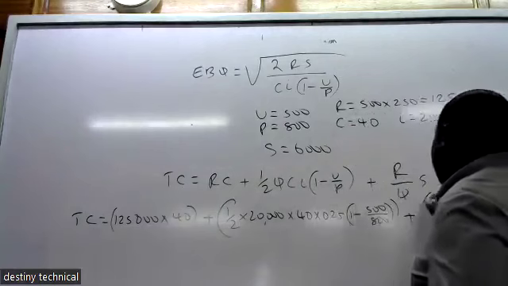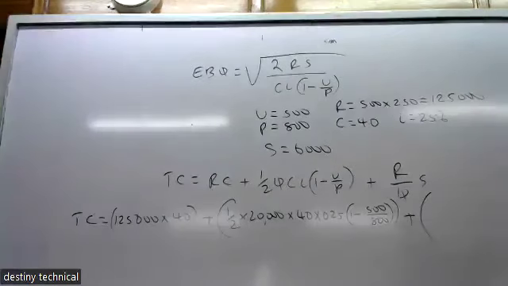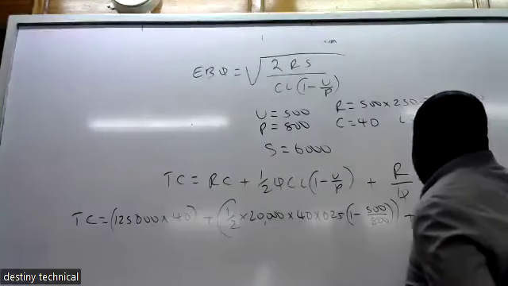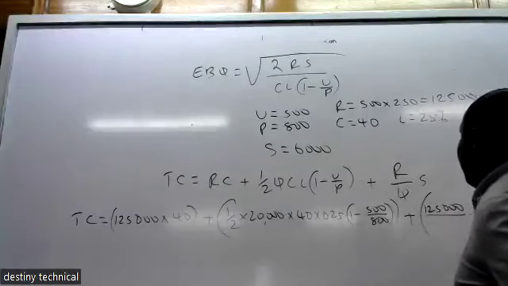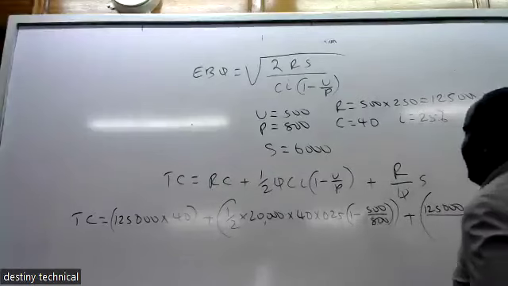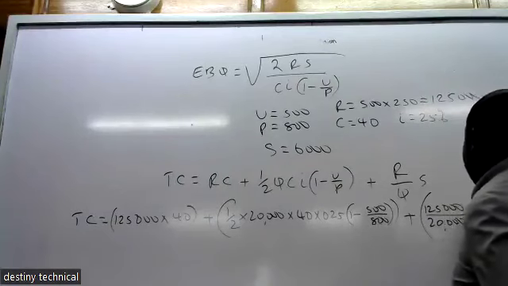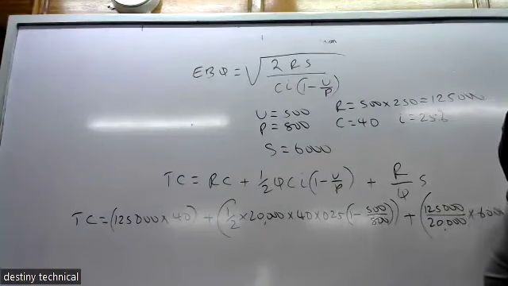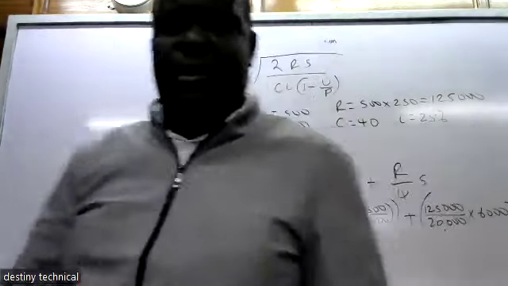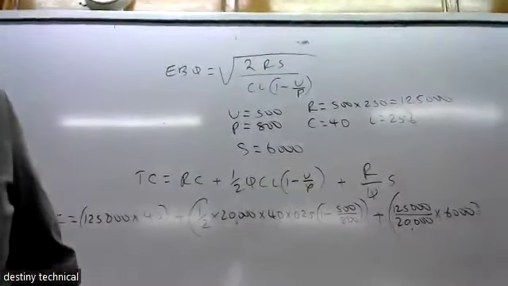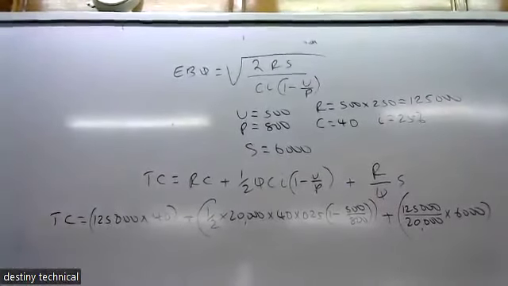Then we also add R, 125,000, divided by Q, which is 20,000, times S, which is 6,000. So you combine them now in that order to get the total cost at the economic batch quantity.